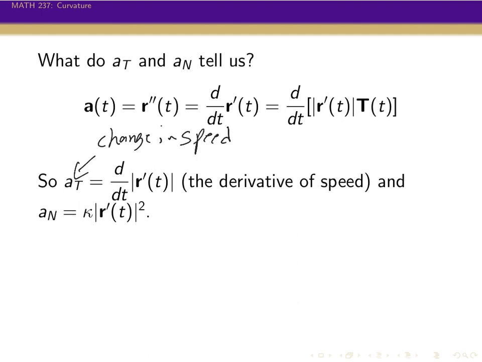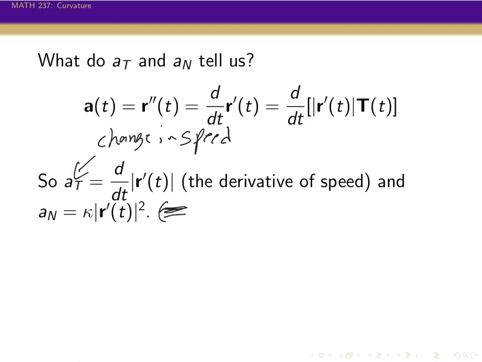And then the normal component is curvature times velocity squared, or speed squared, right? And so if the tangential component is talking about change in speed, so it's talking about acceleration or deceleration, what's the normal component talking to you about?